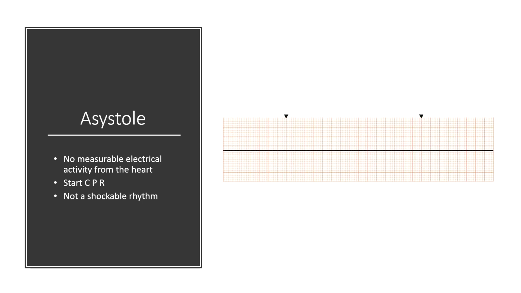And then asystole, so no measurable electrical activity from the heart. Check your patient's leads, make sure it's connected, check your patient, see if there's a pulse. If there is nothing and we have this flat line, then you're going to start CPR. This is not a shockable rhythm. You need to have a rhythm to be able to shock it into something else.